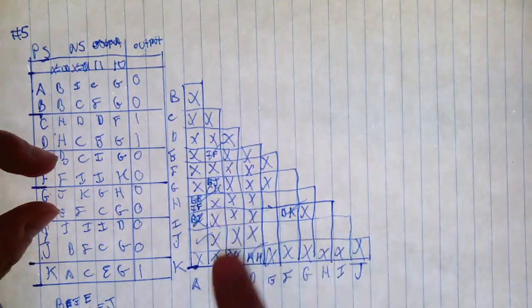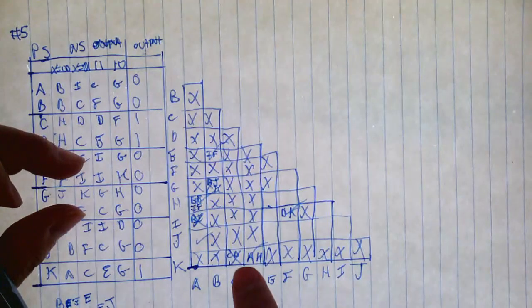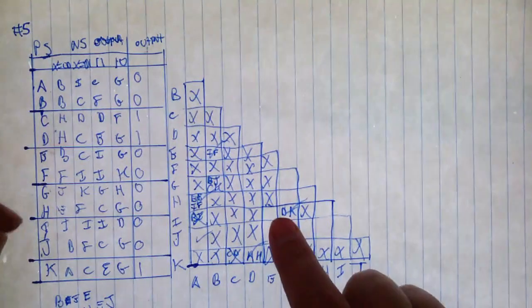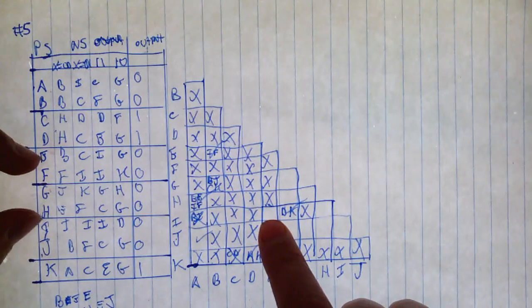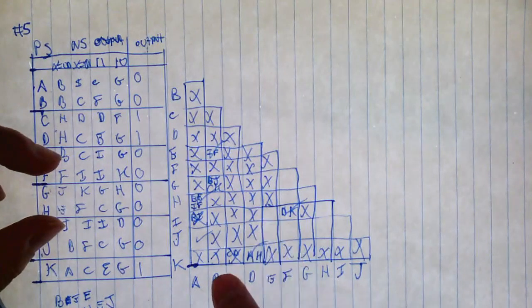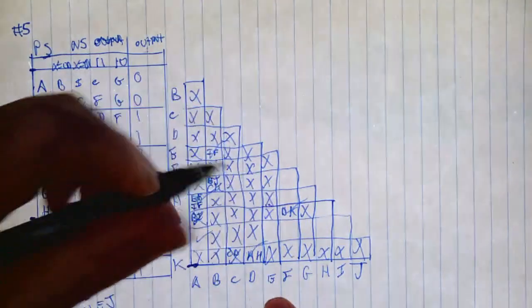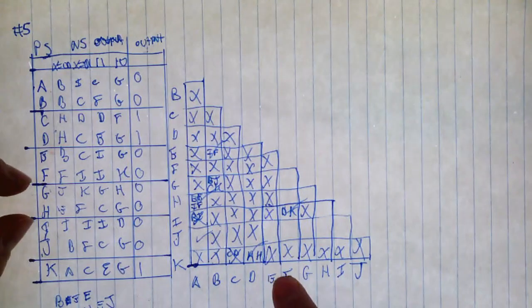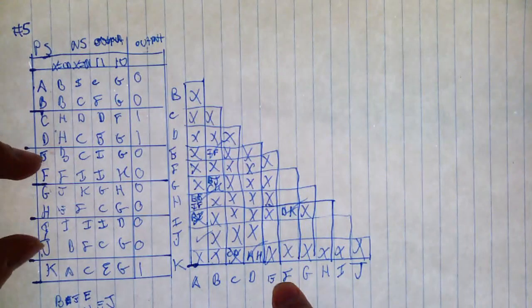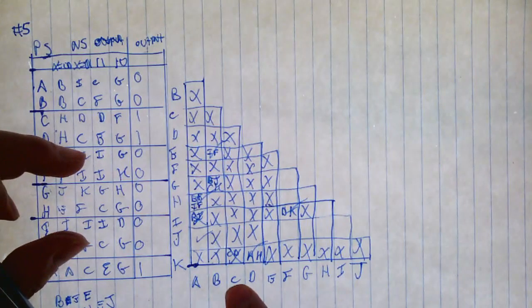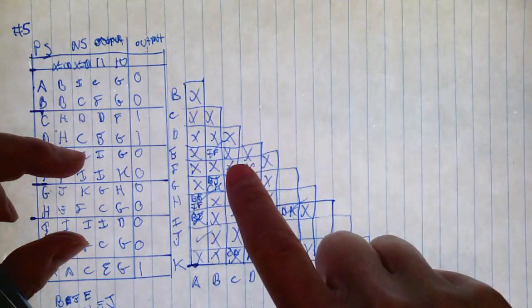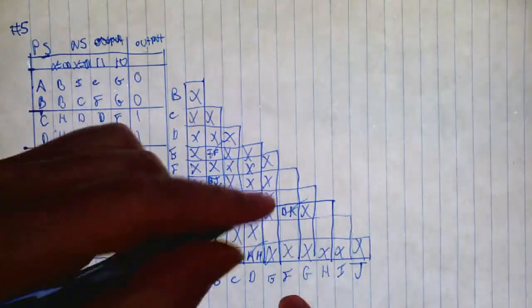BE's got a check mark. CF. Well, CF has got an X. How about EH? I'm sorry, EI. EI requires BI. That's got an X. How about EJ? EJ. That's BB. There's CF. CF has got an X, so that's going to have an X.